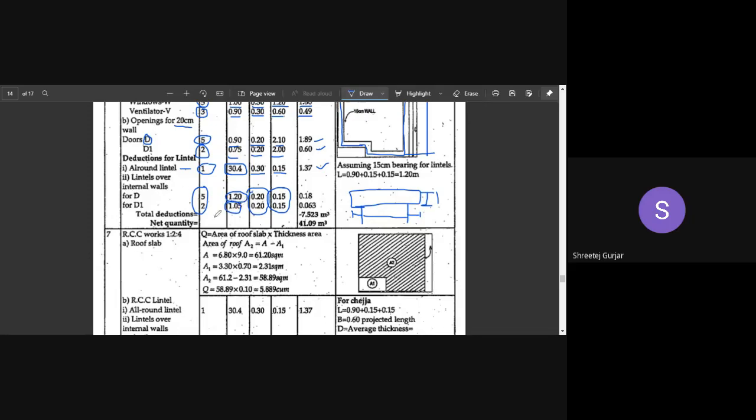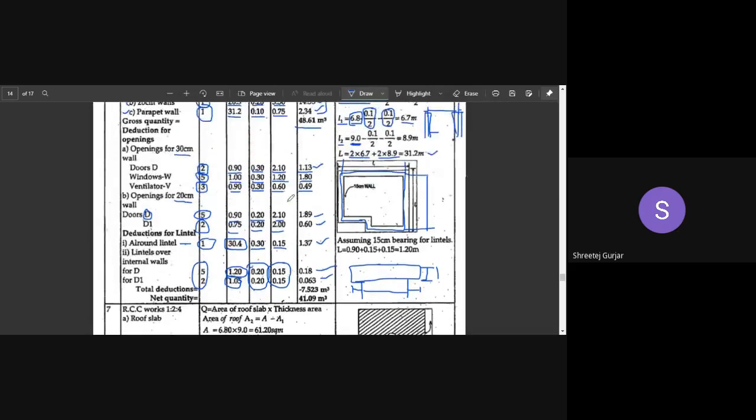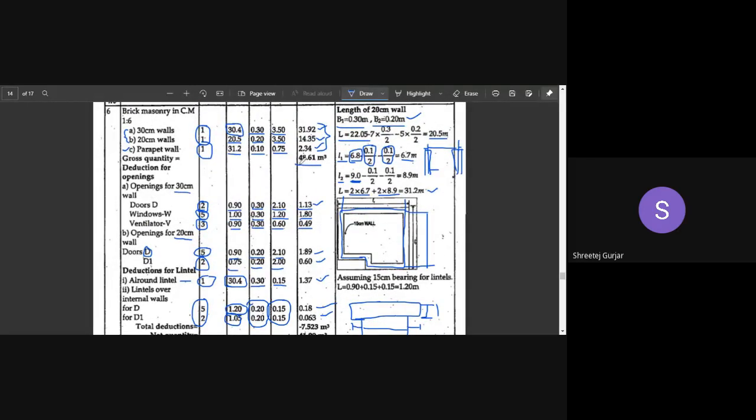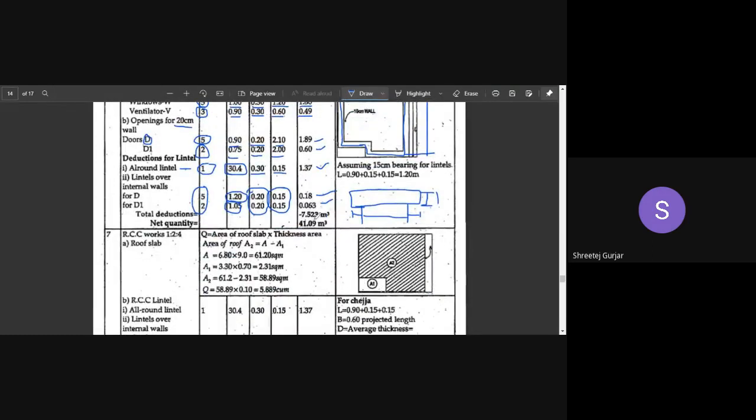So multiplying all of these values, I get my quantities in meter cube. From my total brickwork masonry, that is 40.61, I have to deduct 7.523. So I will get the net quantity of brickwork required, that is 41.09 after all the deductions.